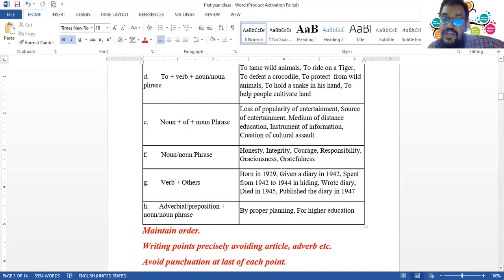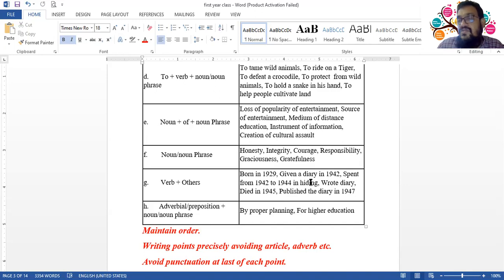So born in 1929, given a diary in 1942, spent from 1942 to 1944 in hiding. Subject can be eliminated if the flowchart is on different topics in the passage. Then the subject may come, but in incomplete structures.